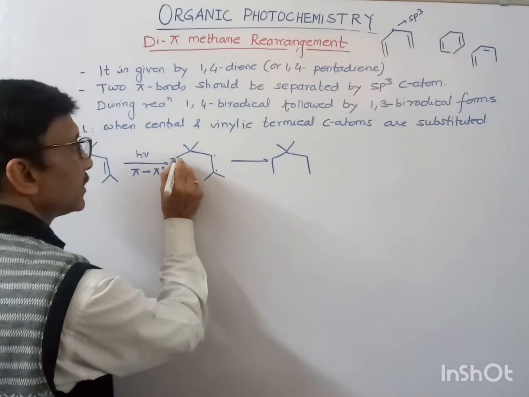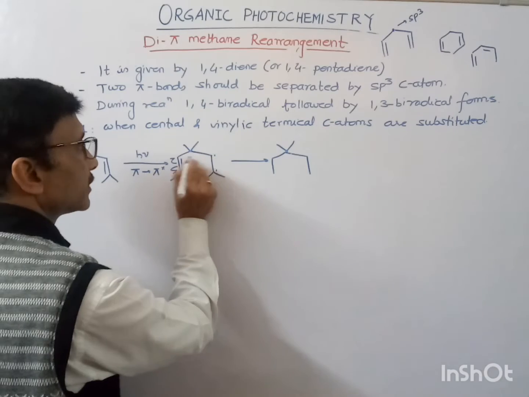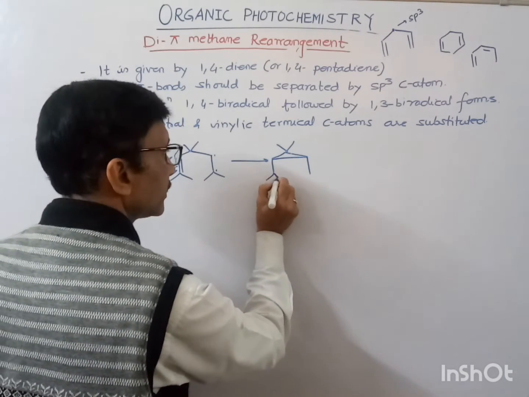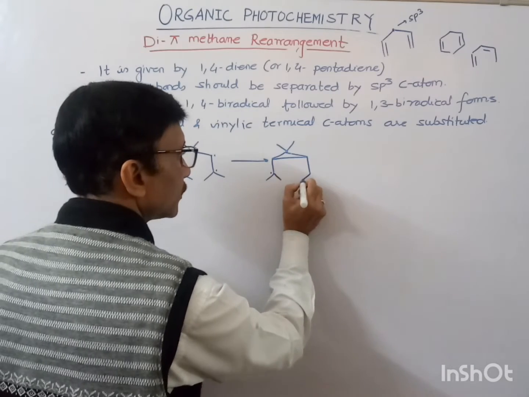After rearrangement, one radical is present at this carbon, and a cyclic three-membered ring is formed, with another radical over here.